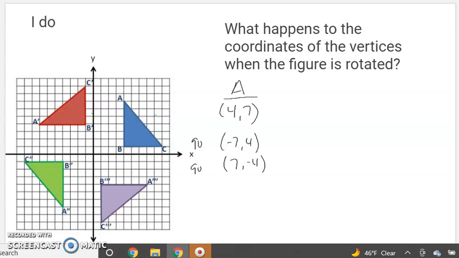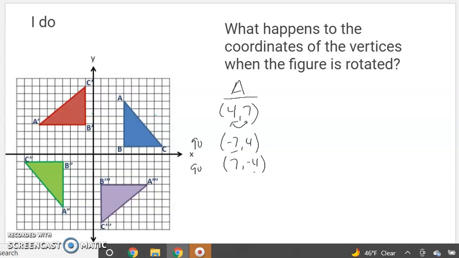So the original A was 4, 7. The 90 degrees were -7, 4, and 7, -4. So when you rotate something 90 degrees, the two coordinates flip, and one of them becomes negative depending on which way you rotate it. I don't need you to memorize which, but just notice that that's what happens to your coordinates. They flip spots, and one of them becomes negative. It depends which way you rotate it.